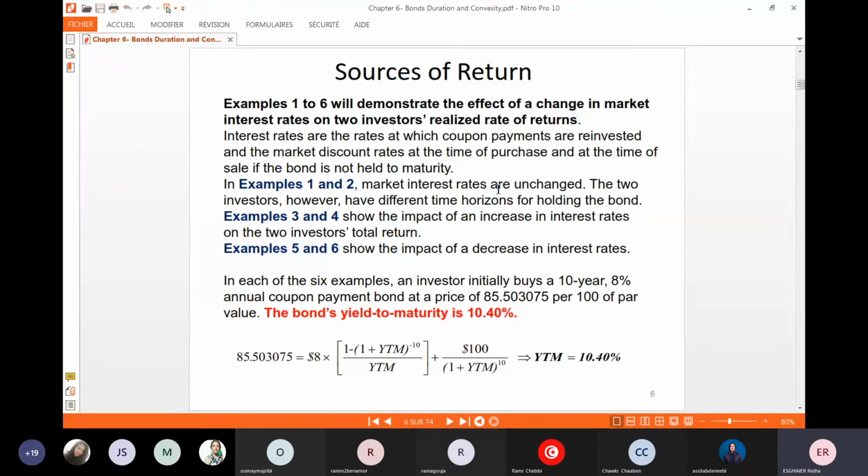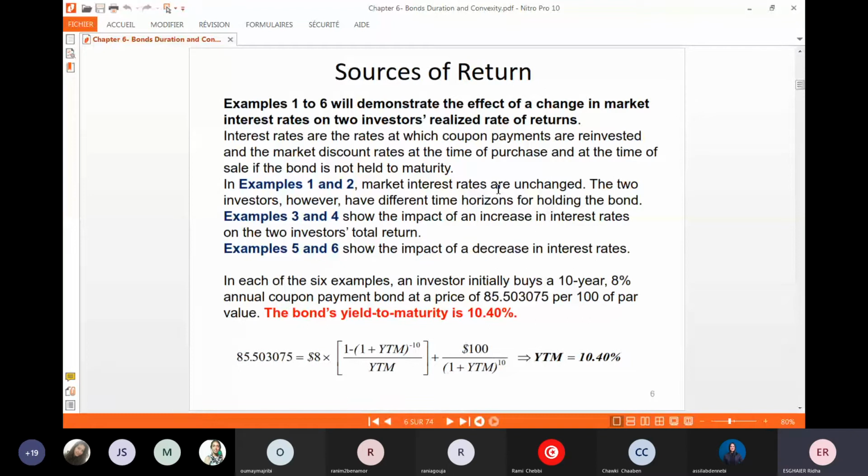The first investor will buy the bond and hold it until the maturity. The second investor will buy the bond, but he will sell it before the maturity date. The horizon of their investment is different, but they will buy the same bond with the same features.